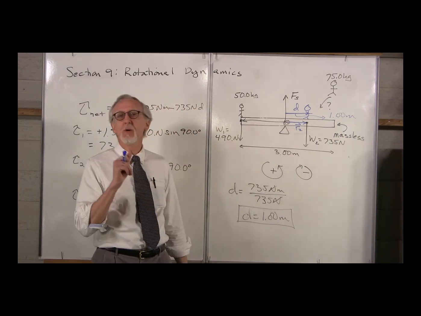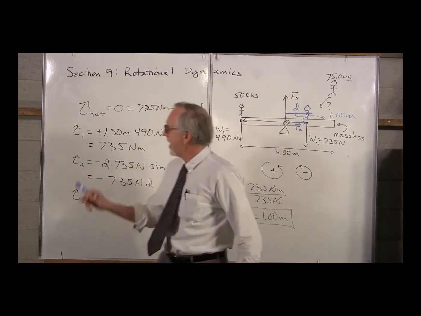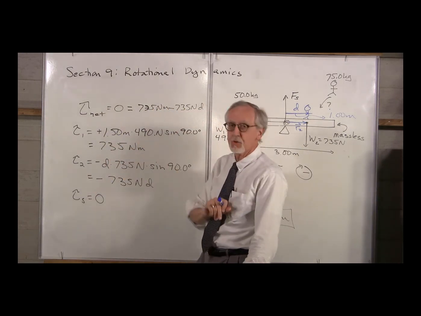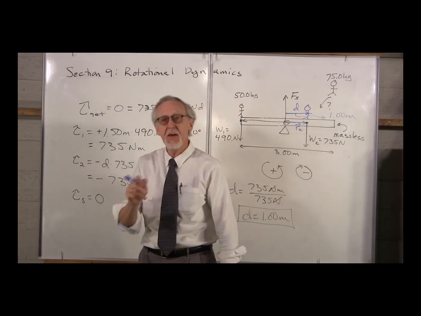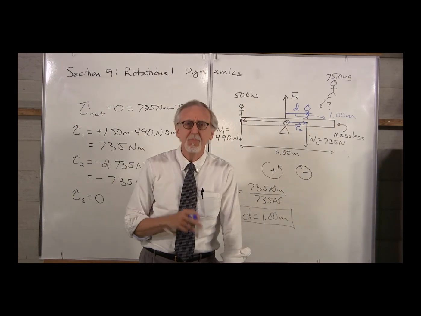And then we determined the torque due to each force, and the net torque was then the sum of those torques, and we knew the net torque had to be 0. And then from there, we solved for what we were looking for. Very good. Let's try another one.